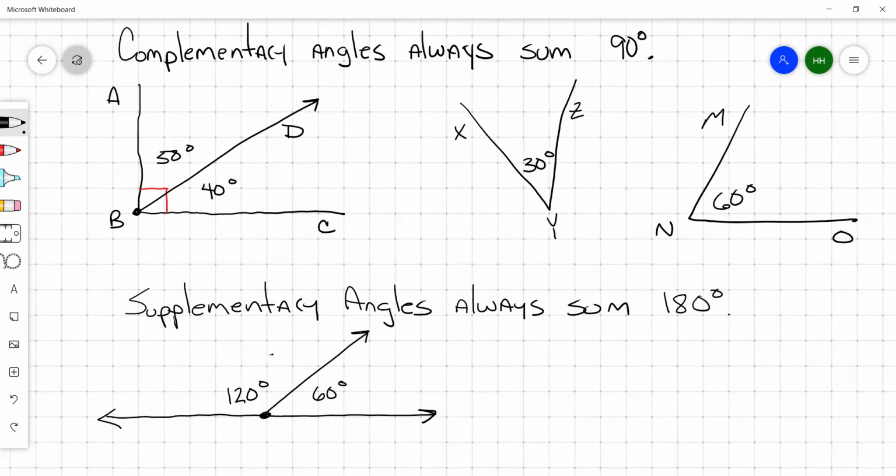Supplementary angles don't have to be adjacent. So we could have this angle here, this angle A, and it could measure 20 degrees.